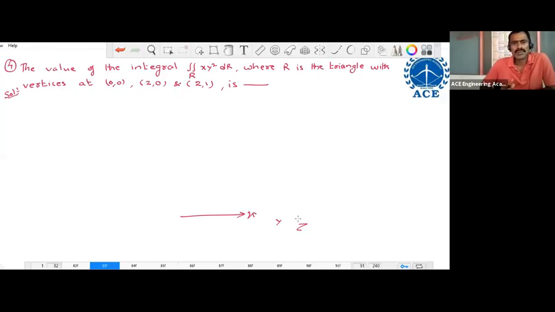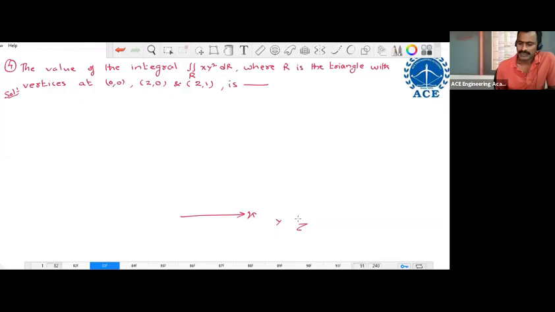So remember, a single integral, that is an ordinary integral, will be evaluated along the coordinate axis, that may be the x-axis, y-axis, z-axis or t-axis. A double integral will be evaluated over the coordinate planes, that may be the xy plane, yz plane or xz plane. Similarly, the triple integral will be evaluated over the volume regions.